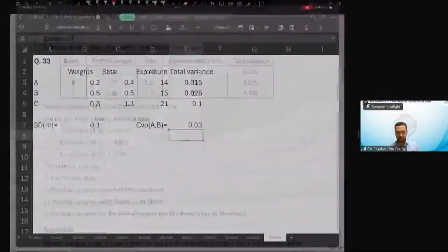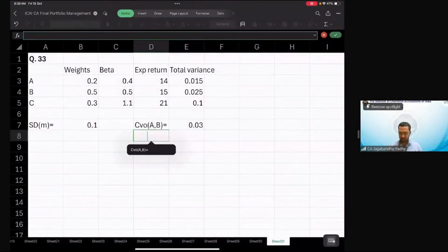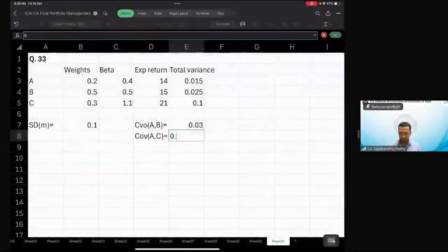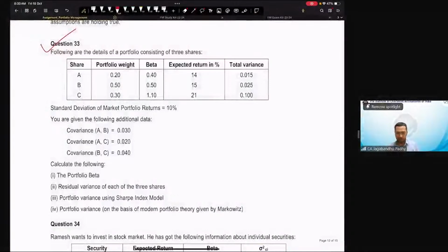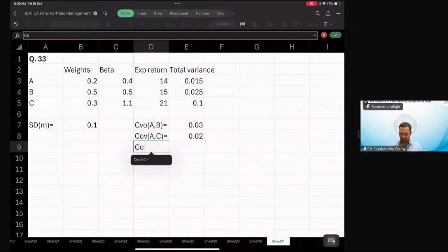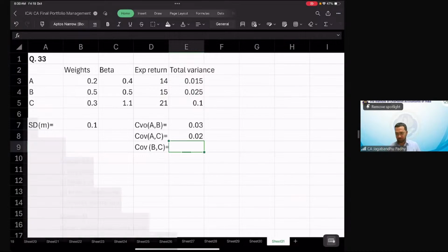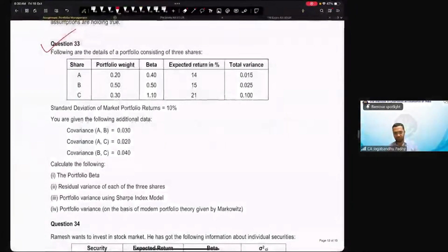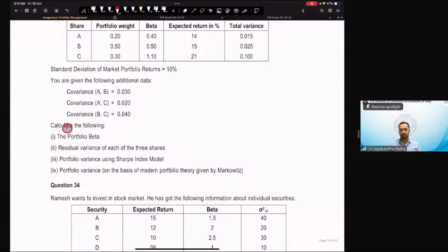Then we have covariance between A and C, 0.02. And covariance between B and C, 0.04. Okay, so you are given the following information for covariance. Now the first part is to compute the portfolio beta.